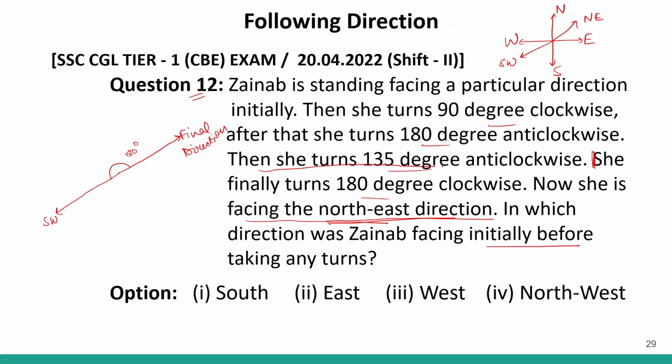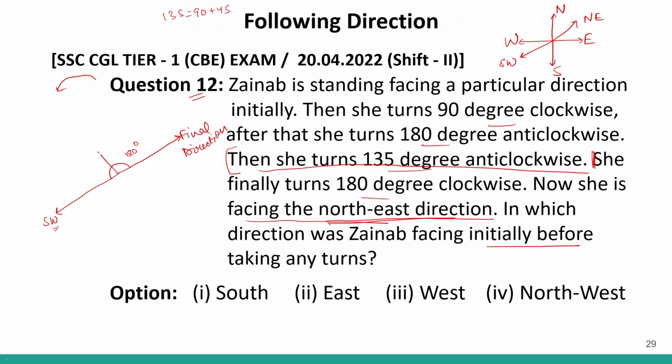Now, then she turned 135 degree anti-clockwise. So basically, to reach southwest, she turned 135 degrees in anti-clockwise. Anti-clockwise is this direction, coming backwards, right? Imagine a clock and just reverse the direction. So we can write 135 degrees as 90 degree plus 45 degree.